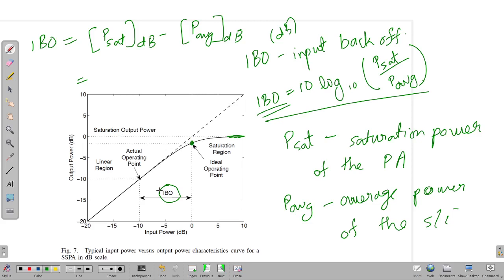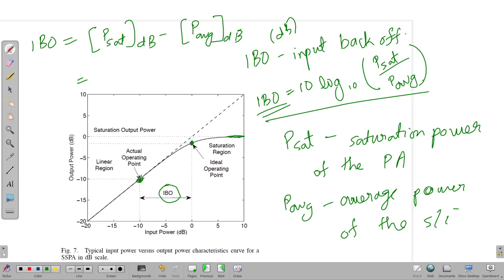Saturation power is the maximum power with which the power amplifier can operate in a linear region. And we can reduce the input power of the signal by a factor of IBO. If you reduce it like that, then the average power of the signal comes here.